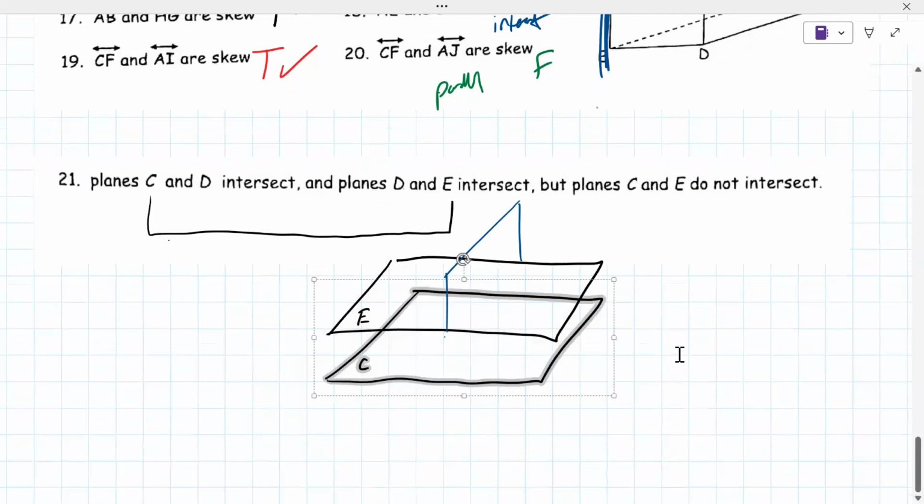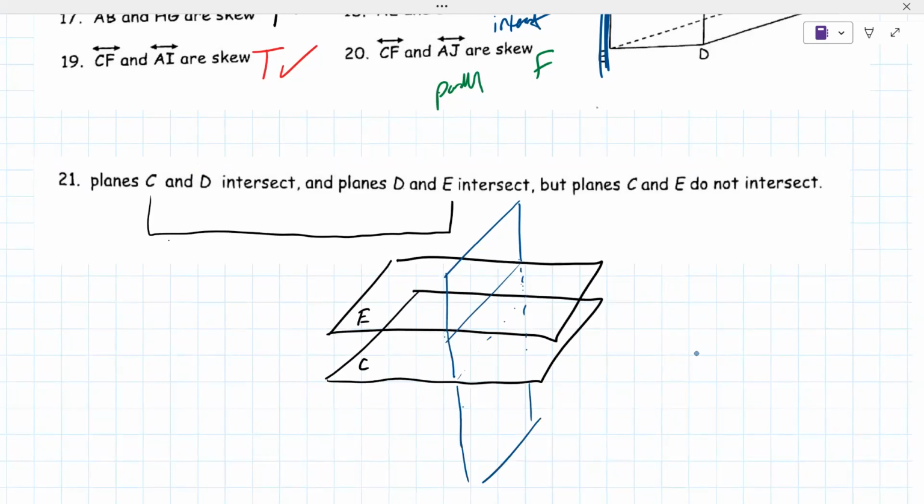All right, now this comes down like that, and you can see that it hits there and it hits there. So there is plane D. Do you see how it's like two sheets of paper on top of each other and another one going through the middle of it? Yeah.